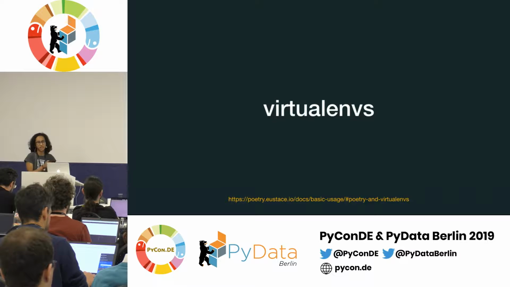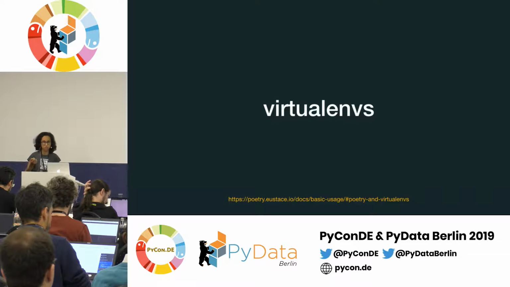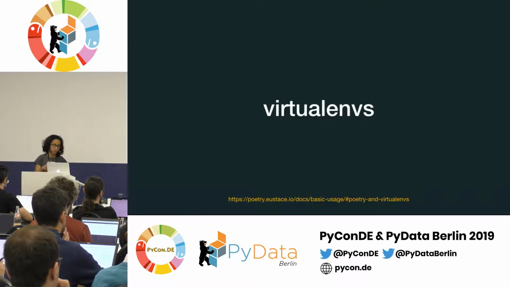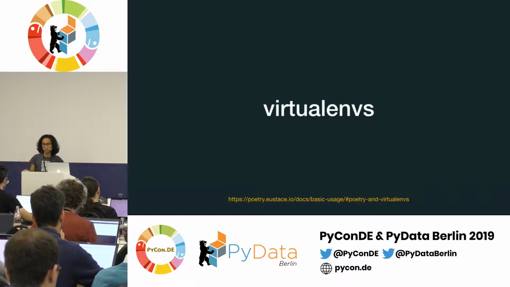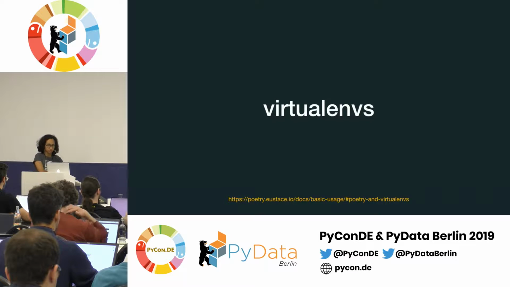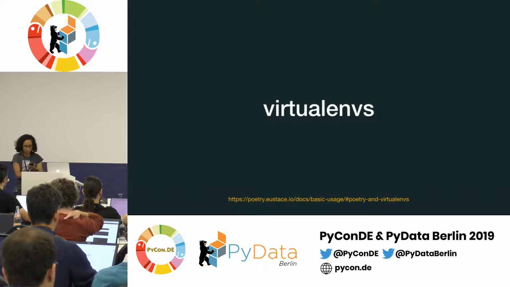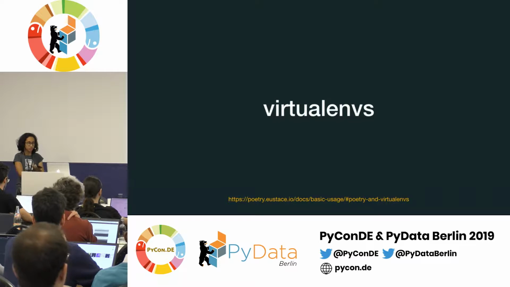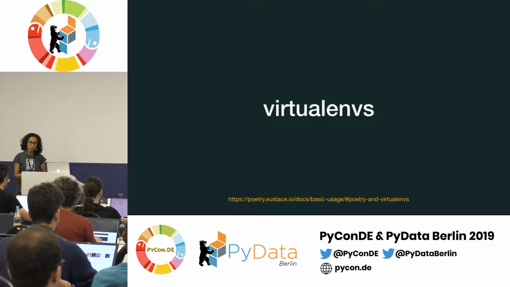So about virtual envs, how does Poetry take care of them? Right now it's still a bit buggy, but in version 1, a lot of things will be improved. The env command in Poetry will also make it easier to activate and deactivate virtual environments and interact with virtual environments on your machine in tandem with Poetry. So when you execute the install command or any other install-like commands like poetry add or poetry remove, Poetry will check if it's currently inside a virtual env.